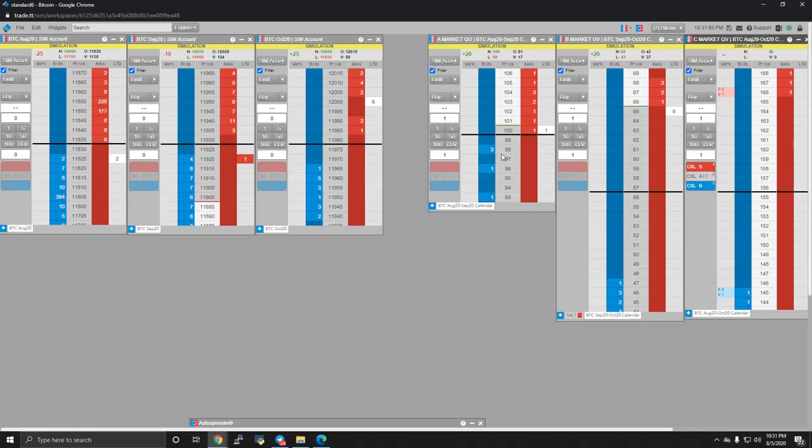We see our best bids at 98 and 47, so we're bidding 145 because this order can be scratched by selling the B market at 47 and selling the A market at 98, and we're able to offer 166 because we see offers at 100 in the A market and offers at 66 in the B market. So if we were to get filled on this 166 offer, we could scratch by buying 66 and buying 100, so it's theoretically a risk-free position.